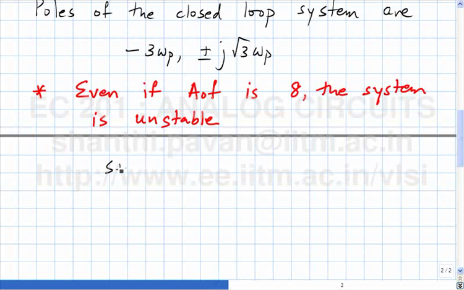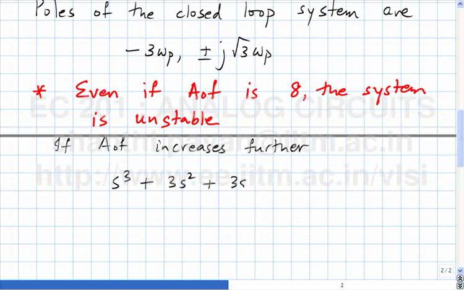So S plus 1 the whole cube, A naught F increases further. We know that we're trying to find the roots of S cube plus 3S square plus 3S plus 1 must be equal to minus A naught F.